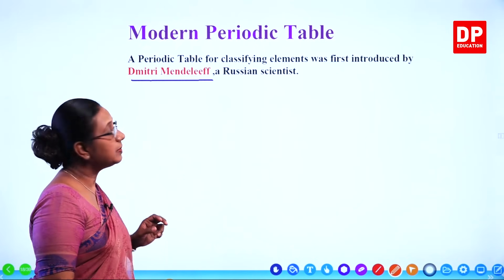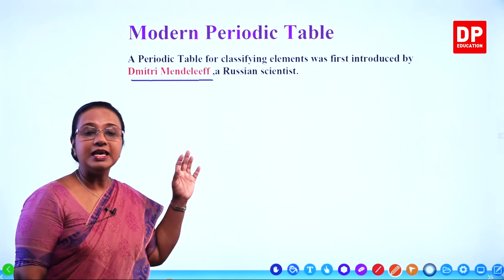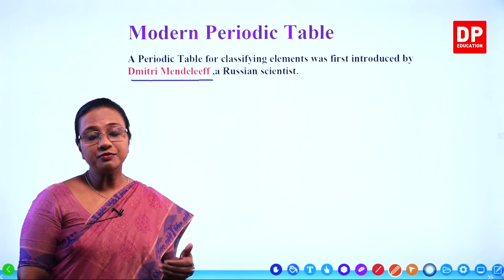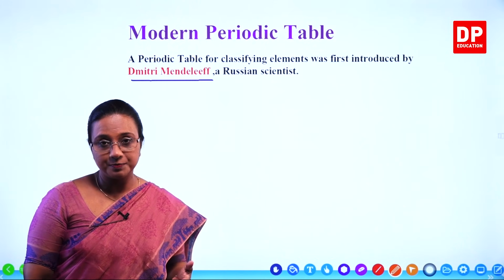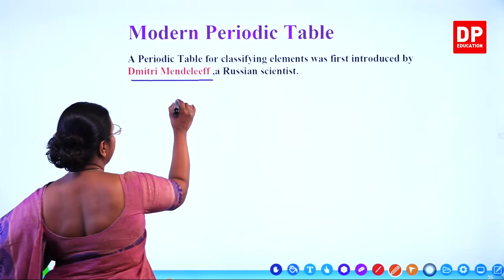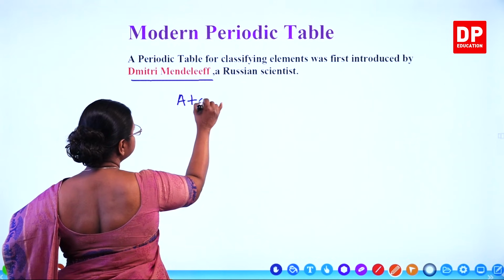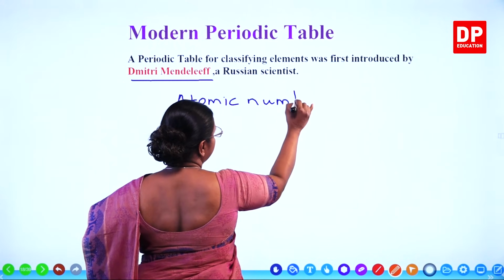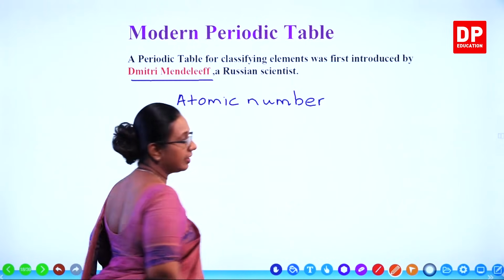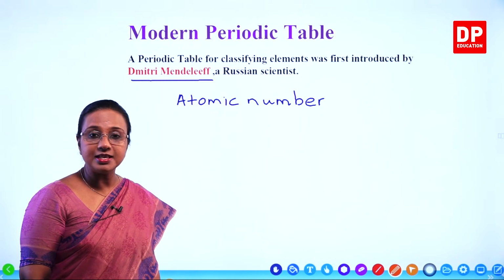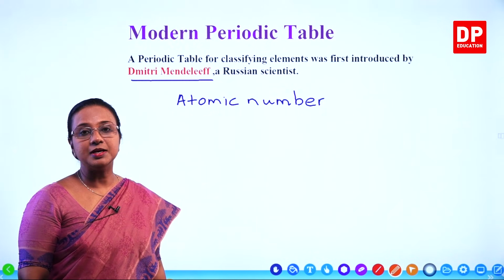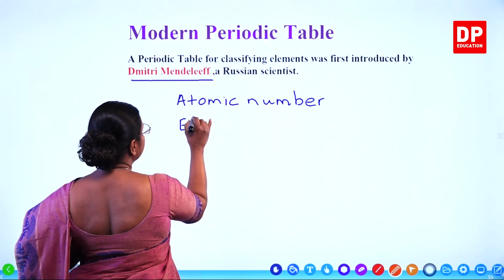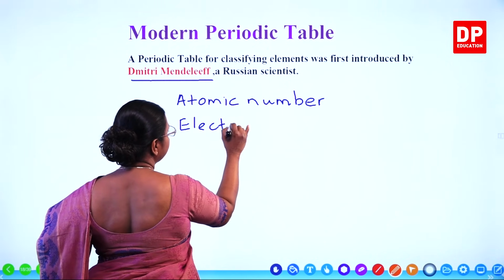And in this periodic table, he arranged the atoms in ascending order of atomic number. So he uses atomic number for his classification and arranges the elements in ascending order of atomic number, and also he considers the electronic configuration.